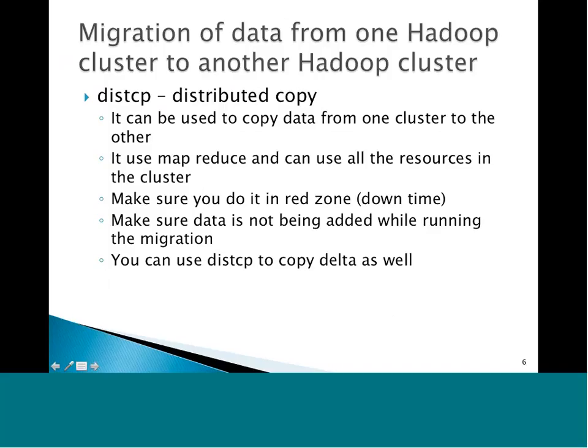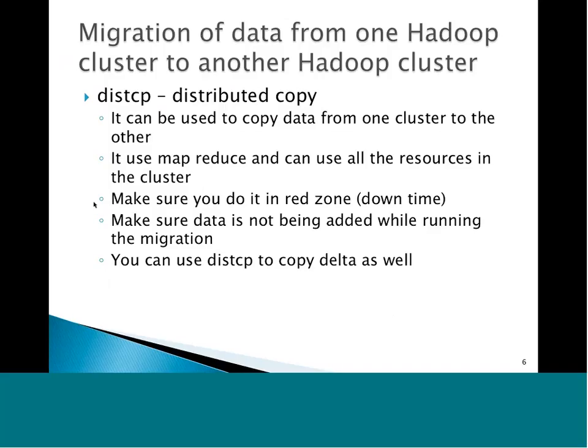For all these purposes, distcp can be used. You can copy the baseline for a few days, and then you can even use distcp to copy the delta as well, as long as your files are saved in a way where the delta can be captured based upon directory names or file names. distcp can keep track of what is already copied, and it can copy only the delta.